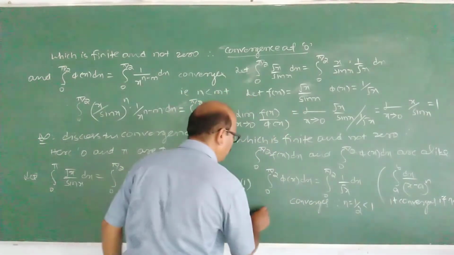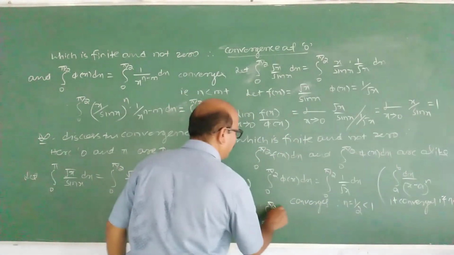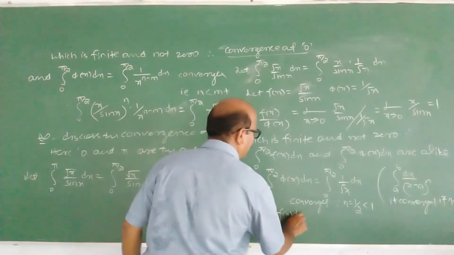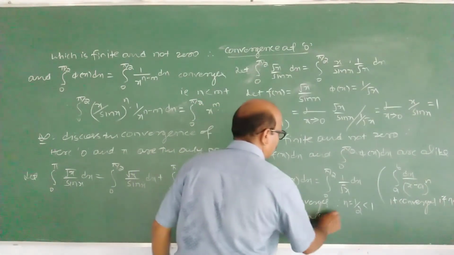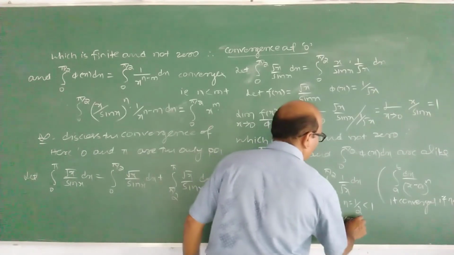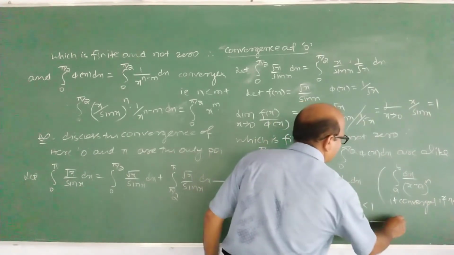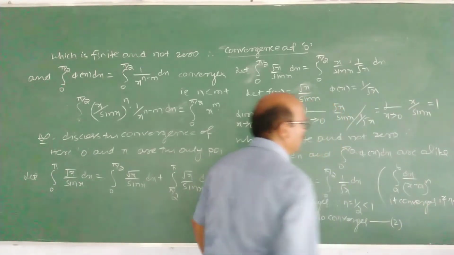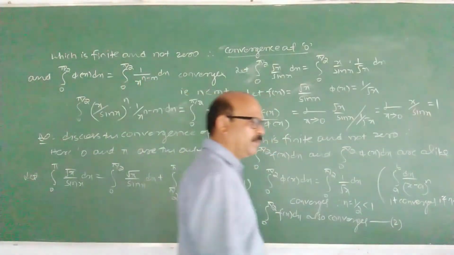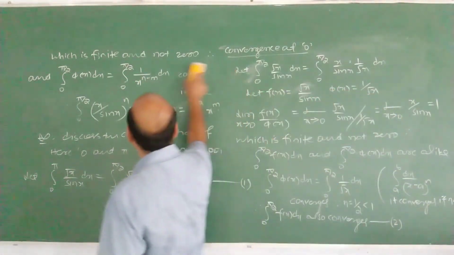Therefore, integral 0 to pi by 2 f(x) dx also converges. Now we take this as 2. This converges.